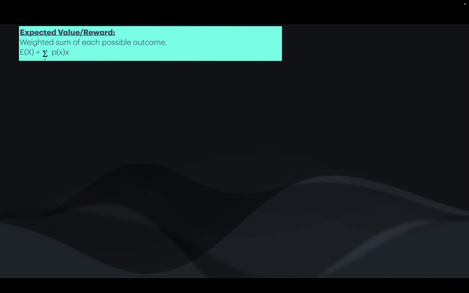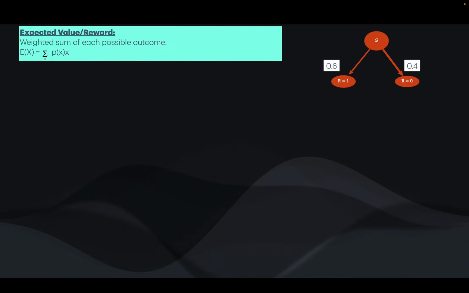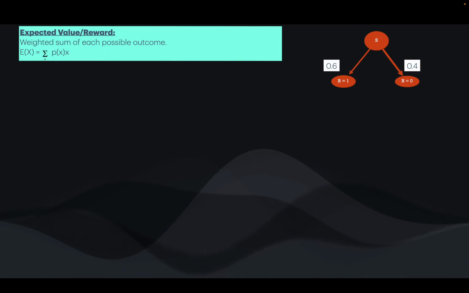Let's talk about two different concepts which are very much required for understanding the RLHF process. First of all, what is the expected value of the reward, right? The weighted sum of each possible outcome is the expected reward. If you are in a stochastic environment, and there are two paths, your action has separate probabilities.